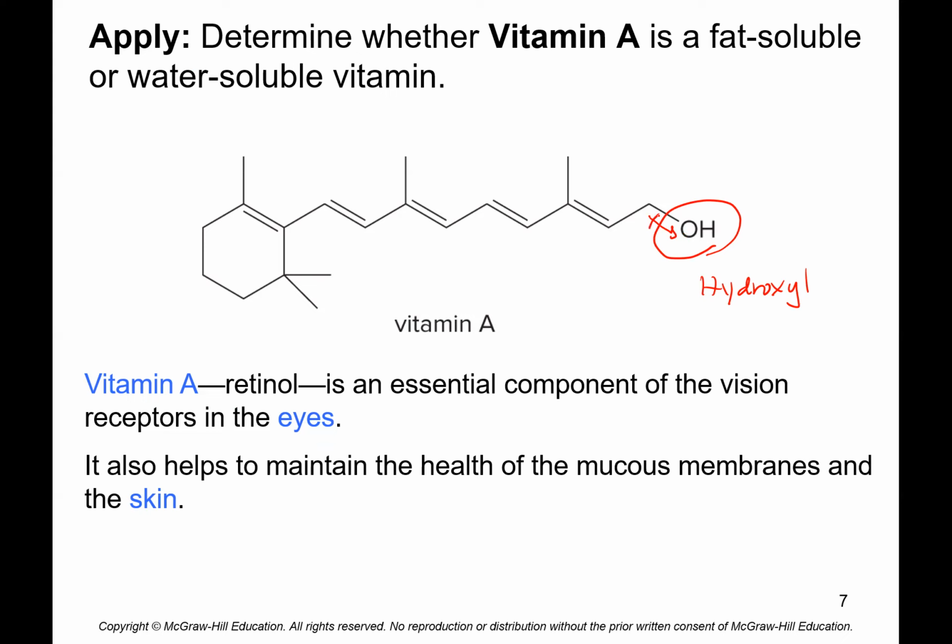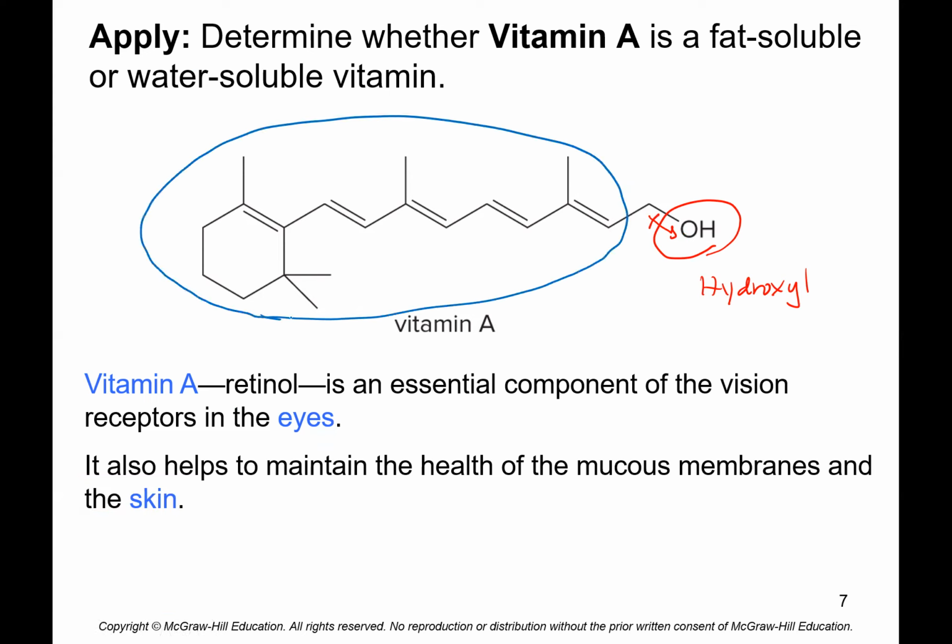But I'm also going to recognize that there is a large region that is just carbon-carbon and carbon-hydrogen. It's a large nonpolar region. We will also sometimes use the term hydrophobic. Phobic means fearing, hydro means water. So if it's water fearing, it means it does not like to mix with water. Therefore, it must be nonpolar. So we can say that vitamin A has a large hydrophobic region.